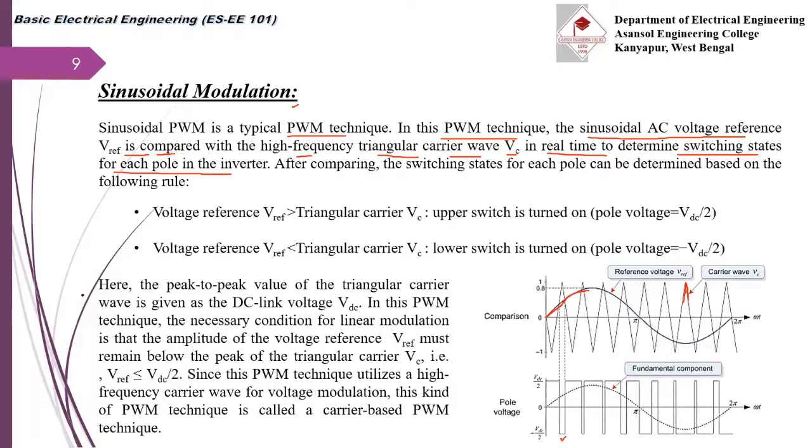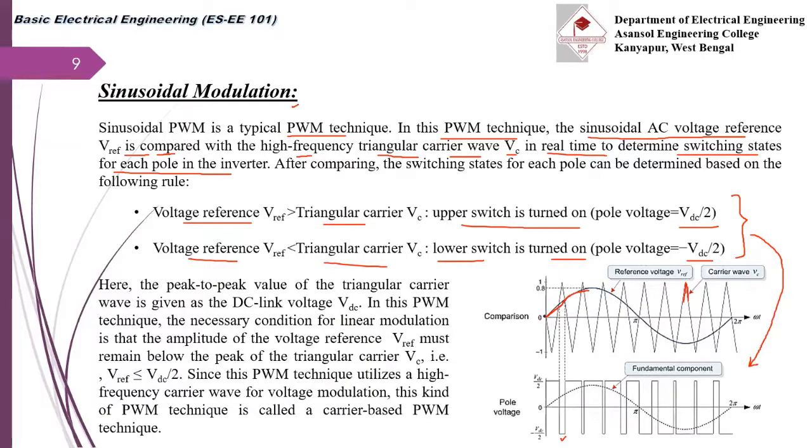That means when the reference voltage Vref is greater than the triangular wave, the upper switch is turned on and pole voltage is VDC by 2, and when Vref is less than the triangular voltage, the lower switch is turned on and pole voltage is minus VDC by 2. And this concept is shown in graphical configuration here.